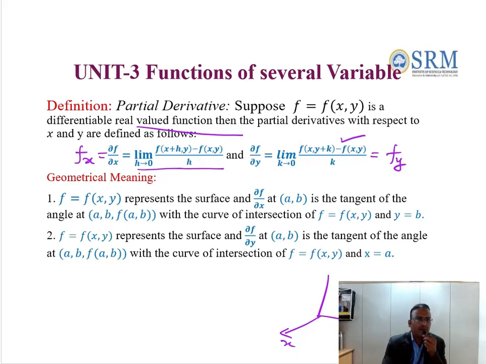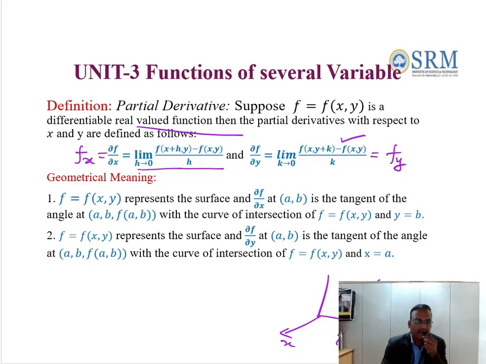Now, what is the meaning of dou f by dou x at the point a comma b? We have the point a comma b here. So dou f by dou x at the point a comma b is the tangent of the angle at the point a comma b comma f of a comma b, with the curve of intersection.